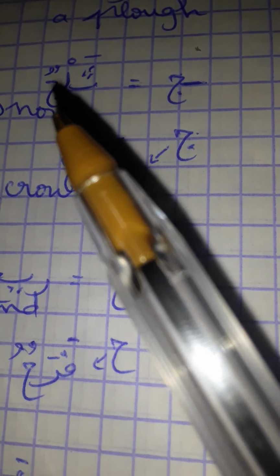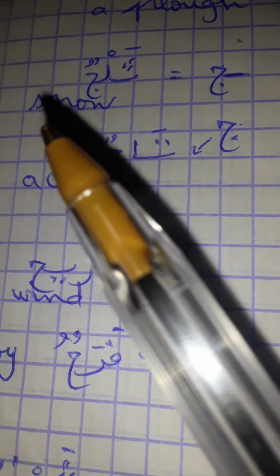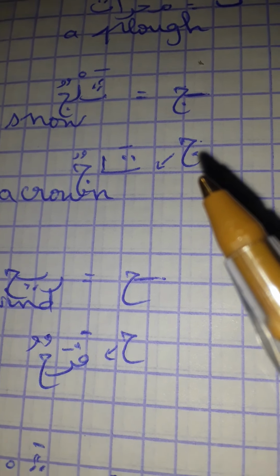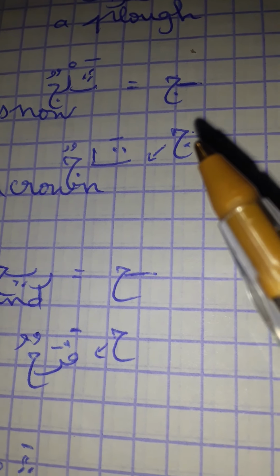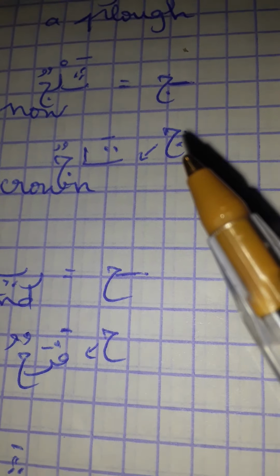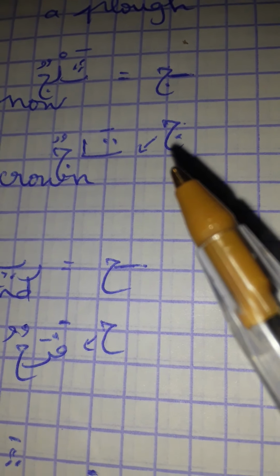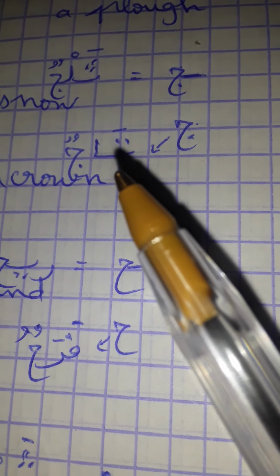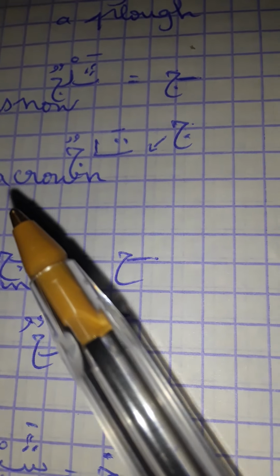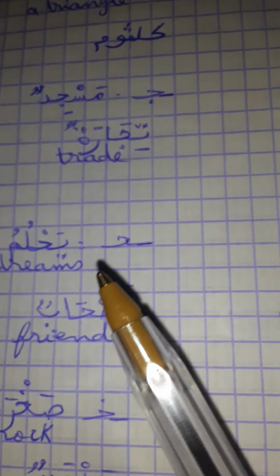Example: thaljun, snow. Or if it is preceded by an unfriendly letter, it is written like this, separately. Example: tajun, a crown.